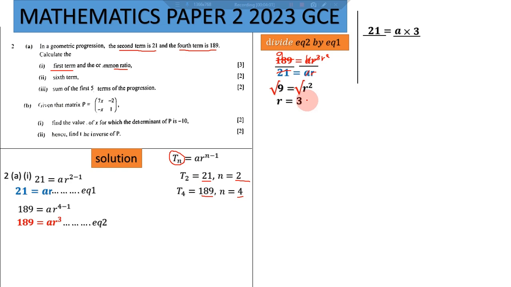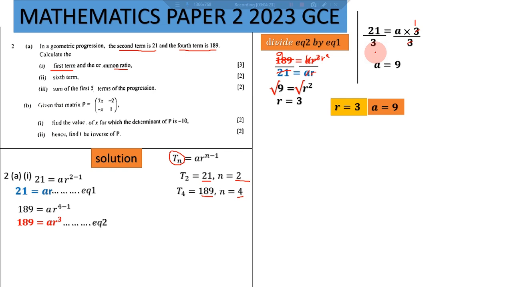So 21 equals A times 3, then divided by 3 on both sides. 3 into 3 goes 1 time, so we have A, and 3 can go into 21, good, 7 times. So A equals 7. So now we have solved the first question. We are saying r is equal to 3 and A is equal to 9.